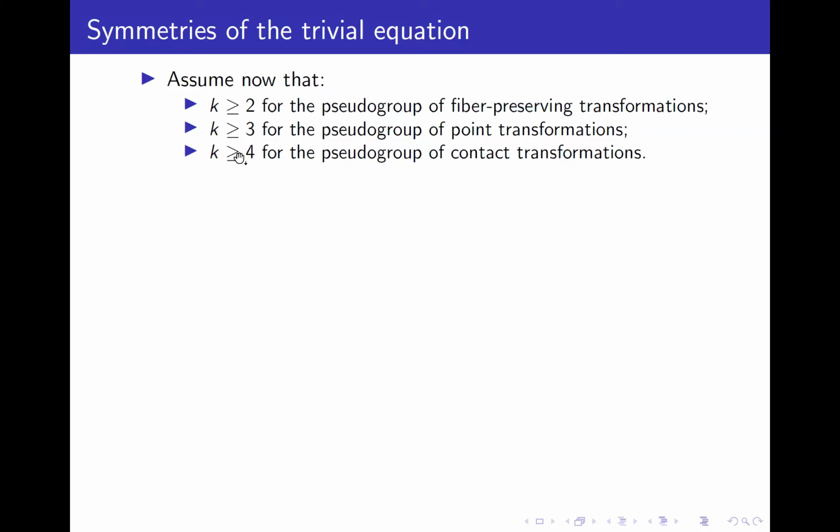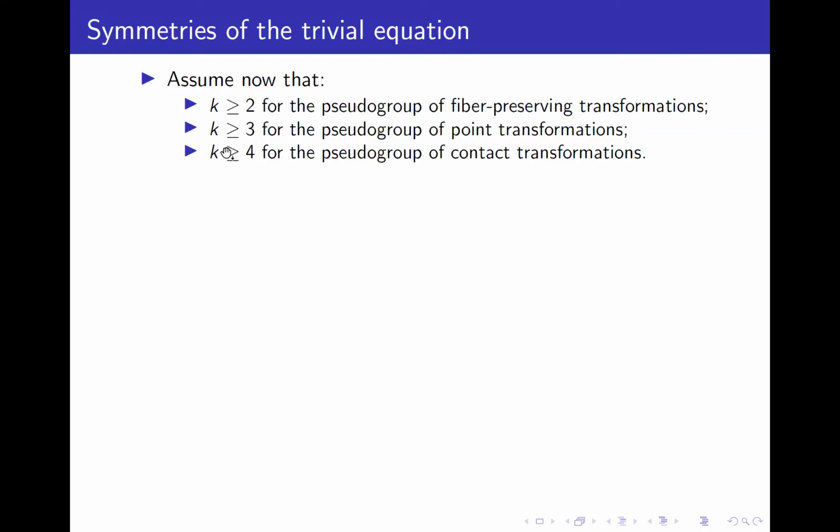The case of k equal to 3 I mentioned already before, and all other cases are really trivial. For example, all first order ODEs are equivalent under point and contact transformations, and all second order ODEs are also equivalent under contact transformations. So all cases where k is smaller are either known or trivial.